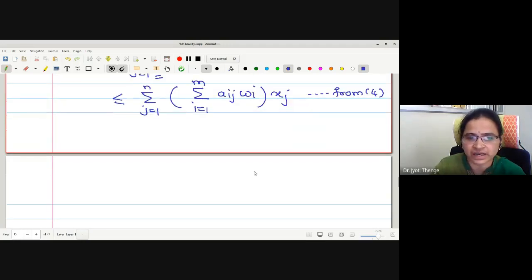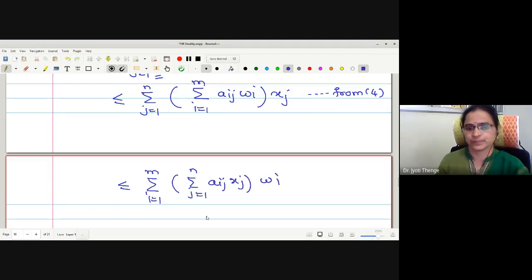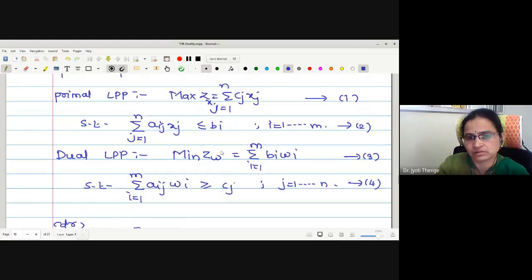Now I'll rearrange the terms of the summation, taking the sum over i first, that is i equals 1 to m. I rearrange the terms: j equals 1 to n, aij xj, and then wi. I just rearranged the terms. Now summation aij xj is a constraint of our primal.